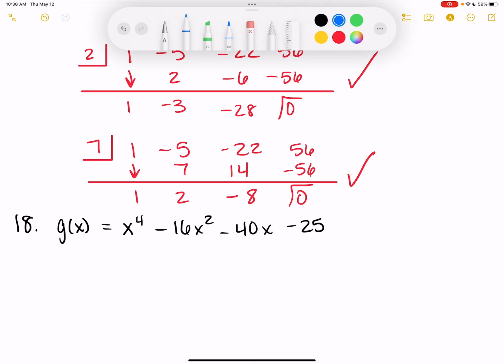So plus or minus 25 and plus or minus 1. Oh, this one's easy: 1, 5, 5. Wait, why did I say only write 5 once? 25, 12.5. What are you saying, Josh? No, I said twice.